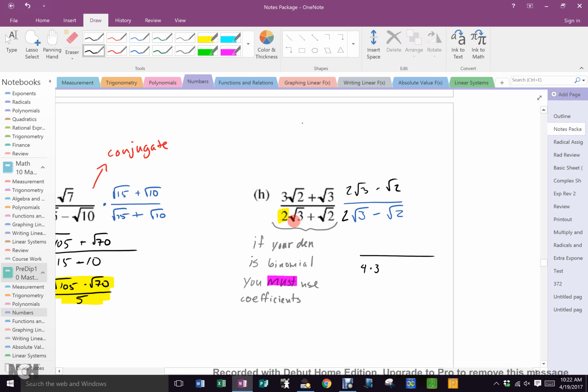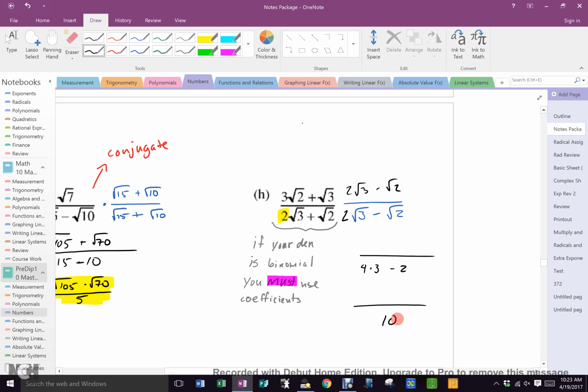Now, minus 2 root 6 plus 2 root 6. Does everybody see that it drops out? And then, root 2 times root 2 is minus 2, yes? Everybody cool? So my denominator is 12 minus 2, which is 10.